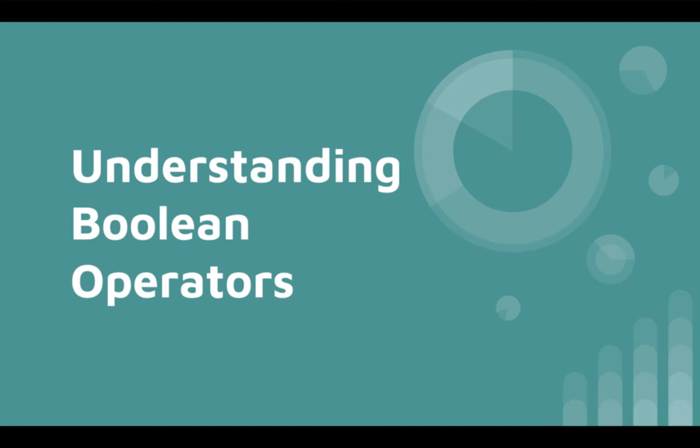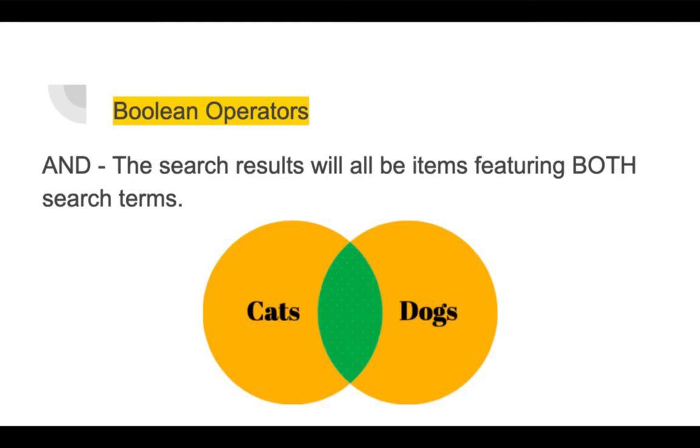Boolean operators allow you to make your search more complicated and therefore more specific to what you need to get back. So one of the first Boolean operators that's important to know is AND. When you connect two words with AND, the search results will all be items featuring both search terms.